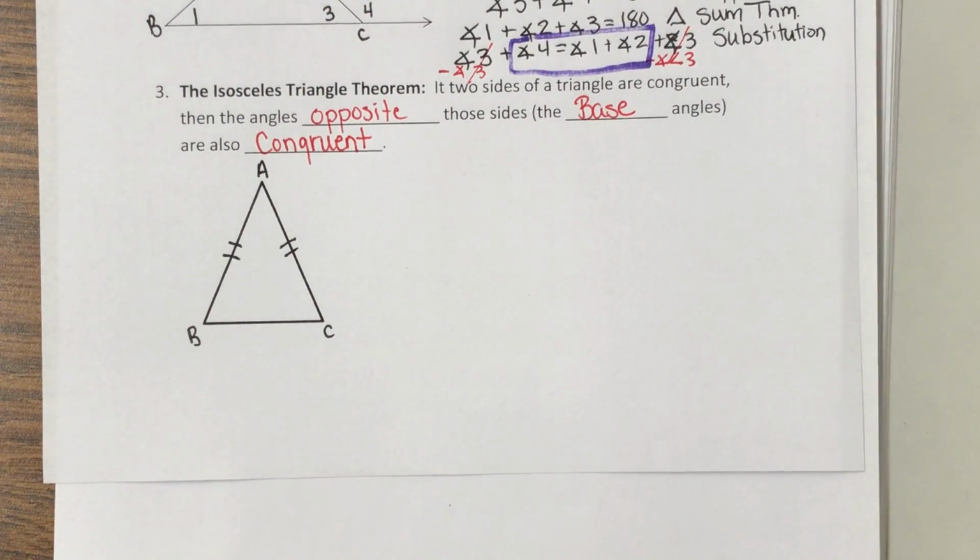Okay, so let's put some symbols to this. So in this picture here, we know that AC is congruent to AB.